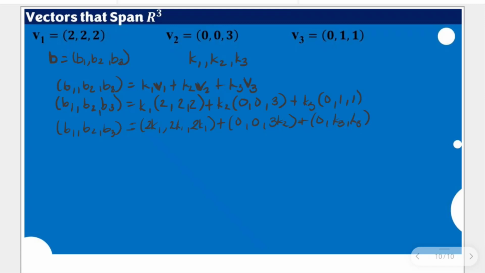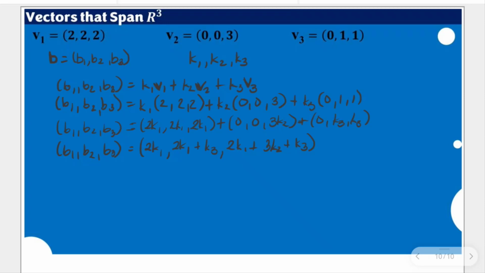With vector addition, I have 2k sub 1 plus 0 plus 0, then 2k sub 1 plus 0 plus k sub 3, and 2k sub 1 plus 3k sub 2 plus k sub 3.